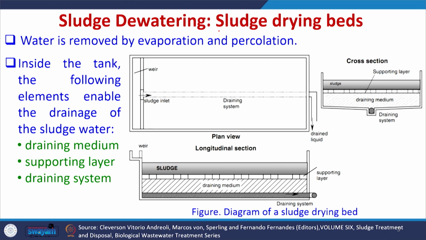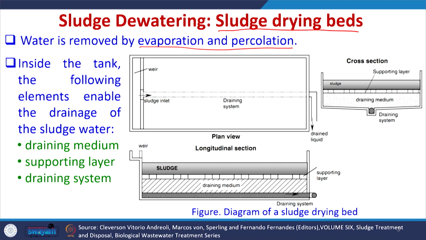So, that means water has to be removed. Sludge drying beds are very commonly used in various wastewater treatment plants. In the sludge drying beds, the water is removed via evaporation and percolation. This is the mechanism that actually works for the sludge drying beds.